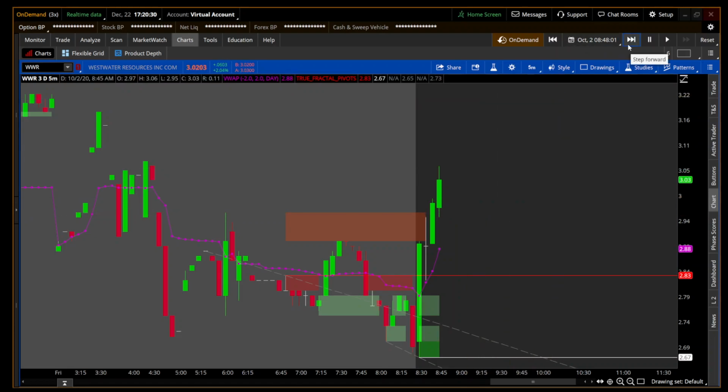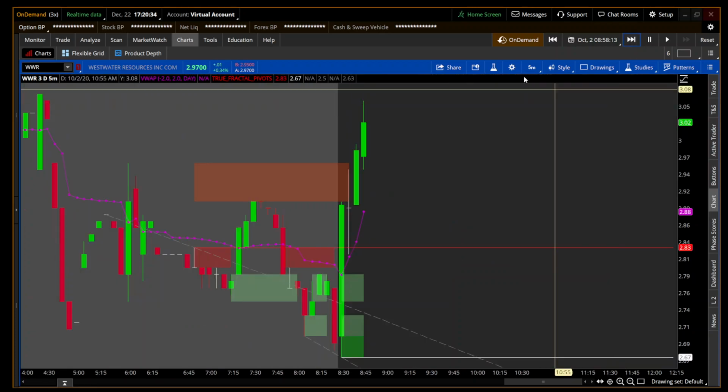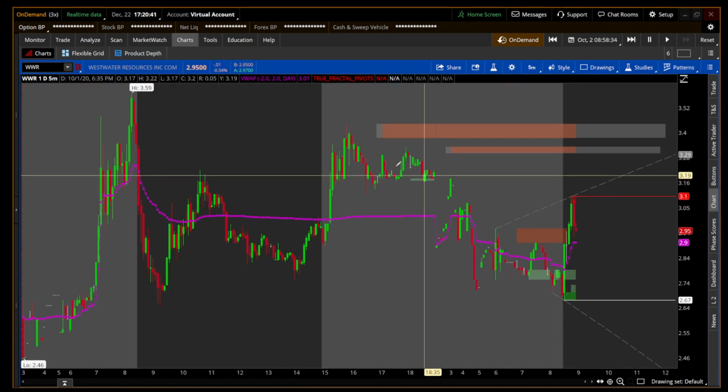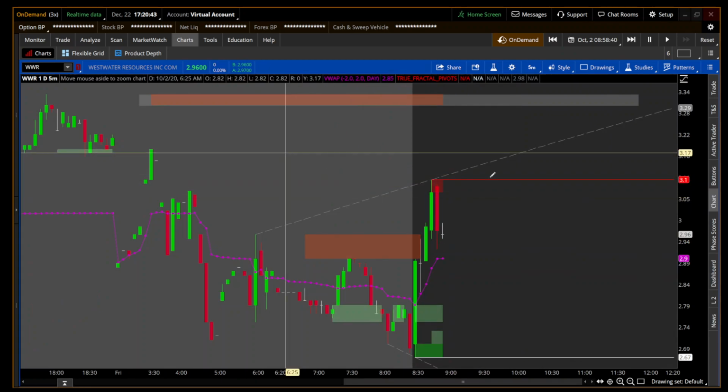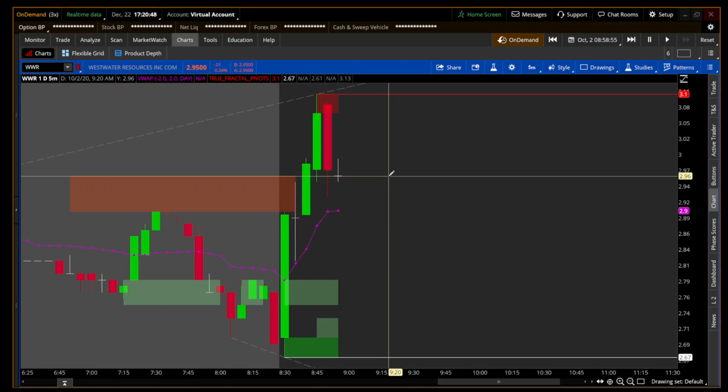And we're going to fast forward it. And let me change this time frame so it won't keep going all the way out like that. It found another area of resistance, came back down, and we're looking for this to be a new support.